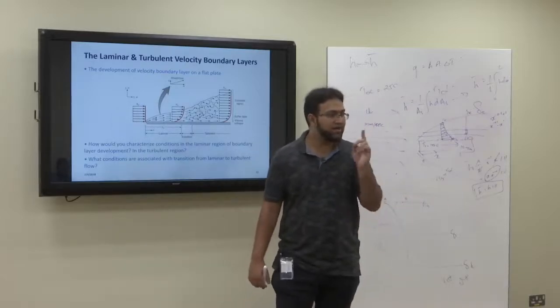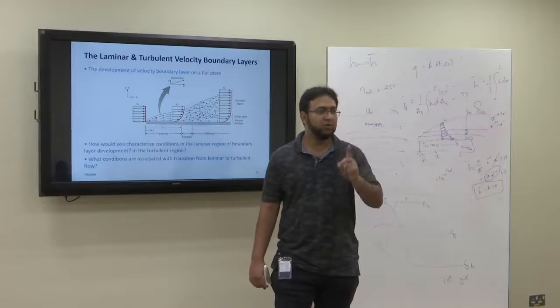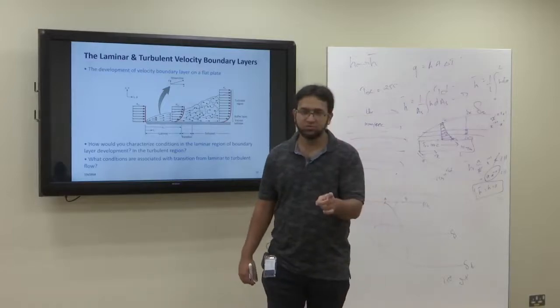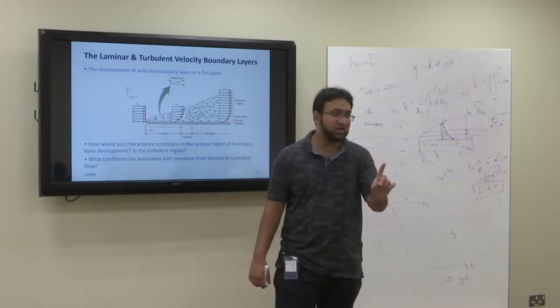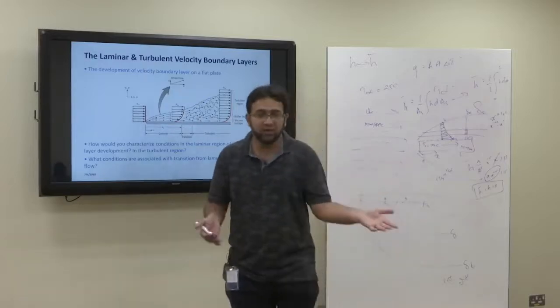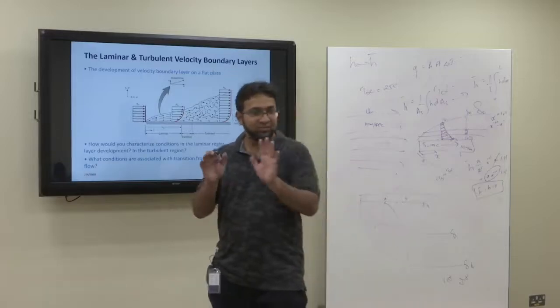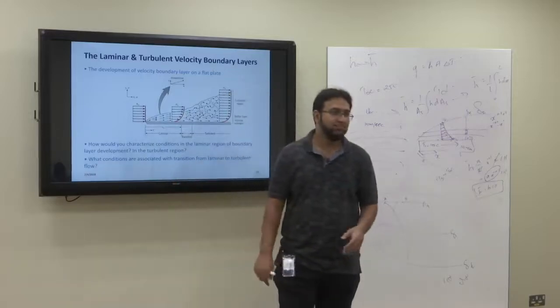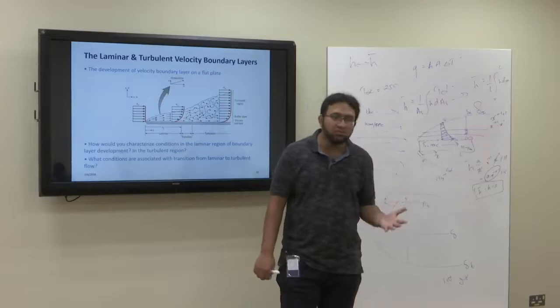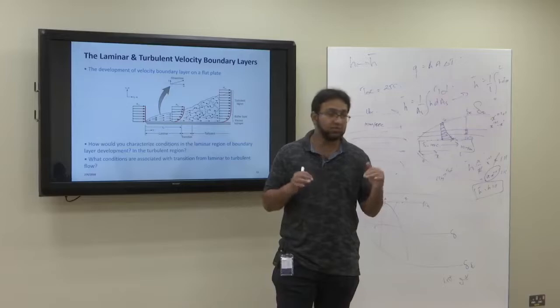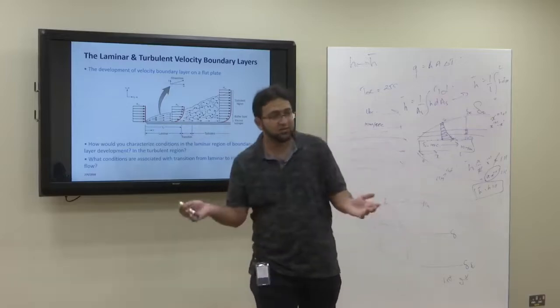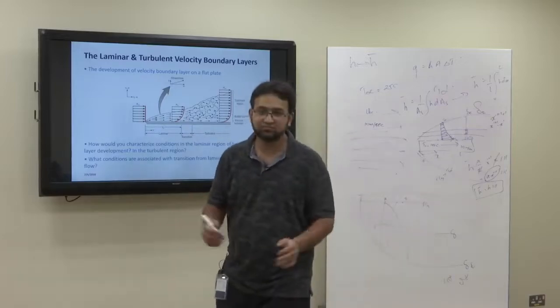High Reynolds number means the flow is not smooth. There is disturbance in the flow. It does not mean the flow velocity is high. It could be, flow velocity could be high, but not necessary. Okay? And low Reynolds number means the flow is smooth. Maybe the velocity is slow, maybe the velocity is high. Okay?